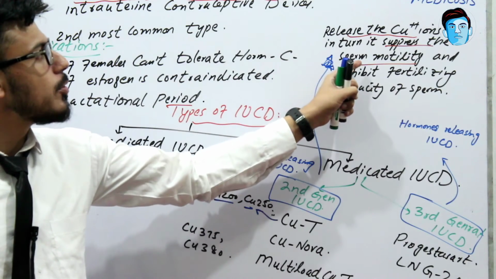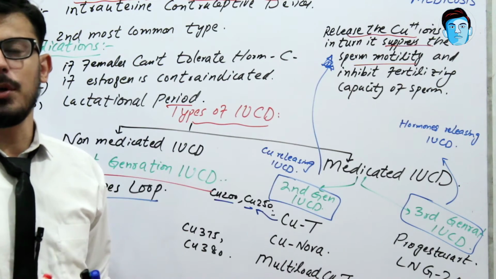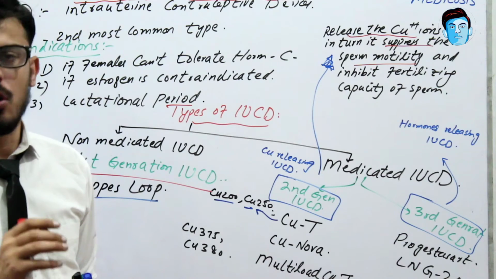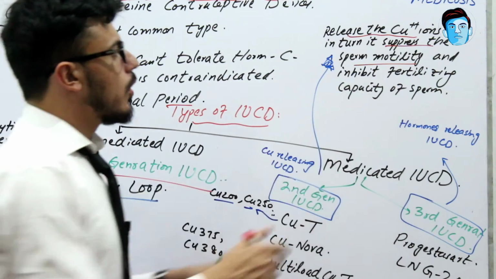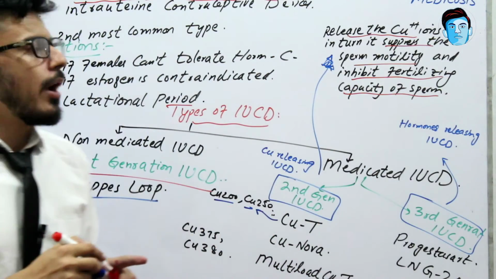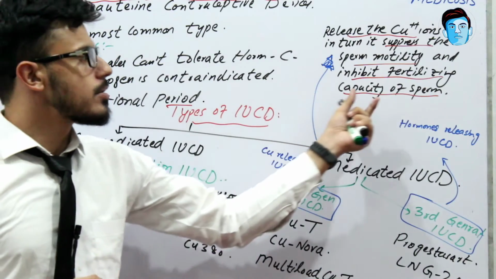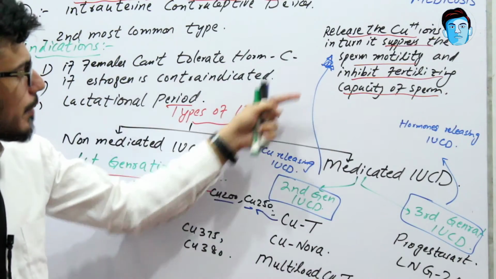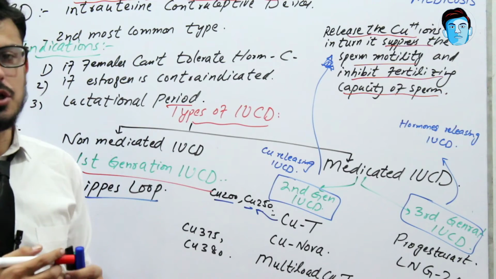So there will be no fertilization with the egg, and ultimately no pregnancy. It also inhibits the fertilizing capacity of the sperm, so again there will be no pregnancy. That is the mechanism of action of the second generation IUCD.